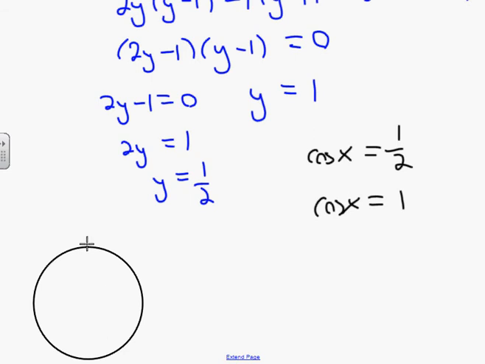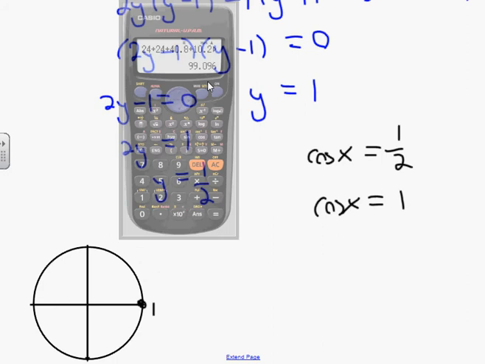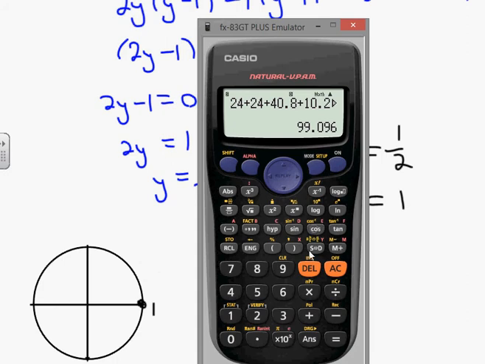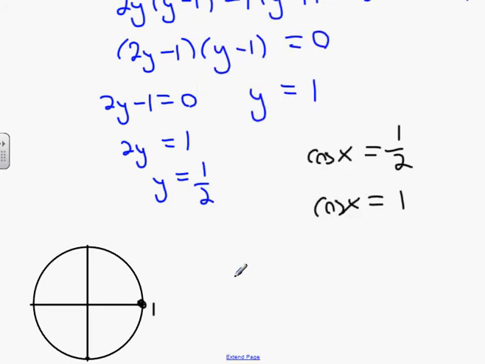If you have the unit circle, this one here is 1. We go all the way around again and we get 1 again. So if you cos inverse 1, you get 0. That means x can be equal to 0 or 360 degrees for cos x equals 1.